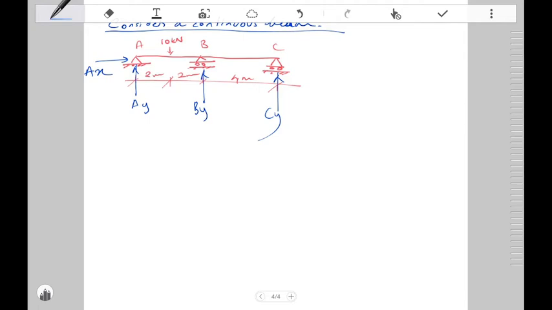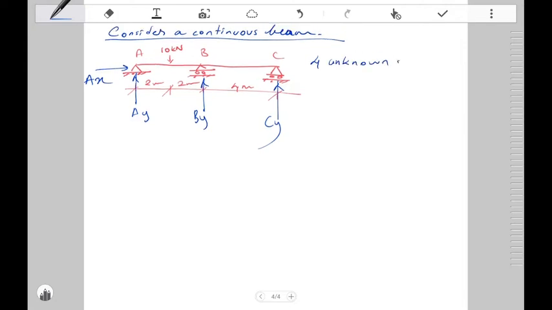In that case, what do I have? I got 4 unknown support reactions, but the number of equilibrium equations doesn't change, because it's a two-dimensional plane, and in a two-dimensional plane we only have three equilibrium equations.